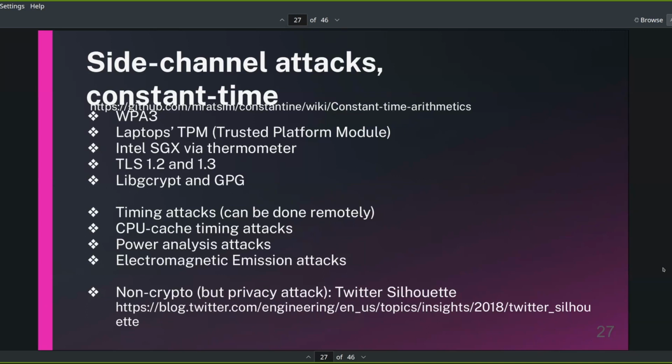So by analyzing timing or the power usage or electromagnetic emissions, you can find the sequence of 0 and 1 in a secret key.